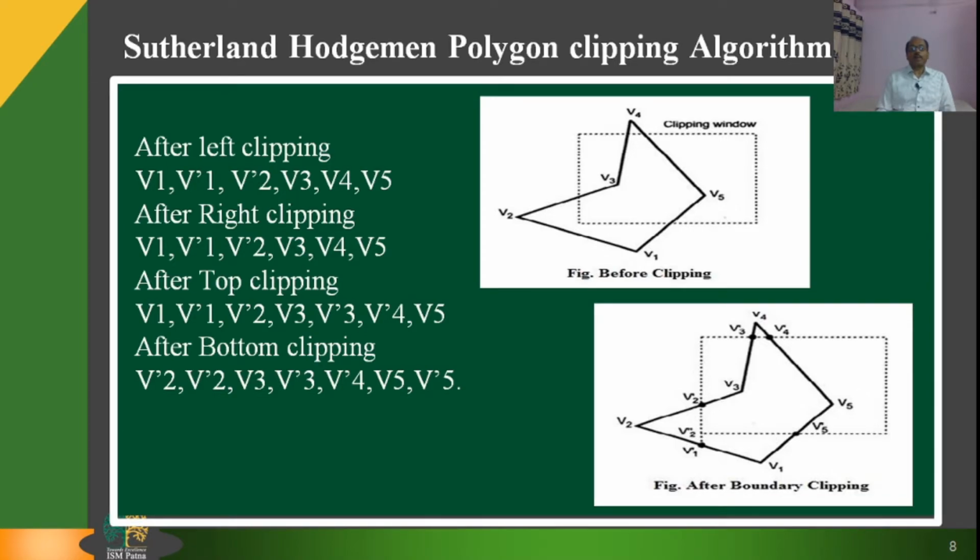After right side clipping: V1, V'1, V'2, V3, V4, V5. On top clipping we get the vertices like V1, V'1, V'2, V3, V'3, V'4 and V5.